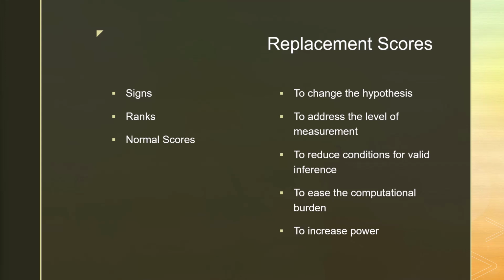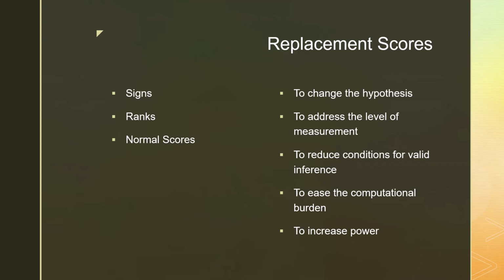At this point, this is a fairly abstract list, so let me give you some more concrete examples. If you have reached this point in these video series, you will have watched my series on the sign test. If you have not, you should do so, because I'm going to compare analysis with original scores to analysis with the sign test.